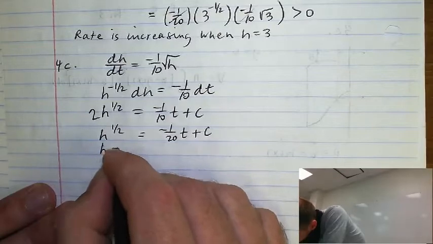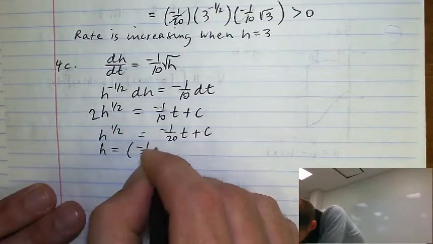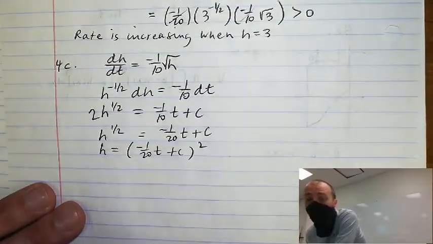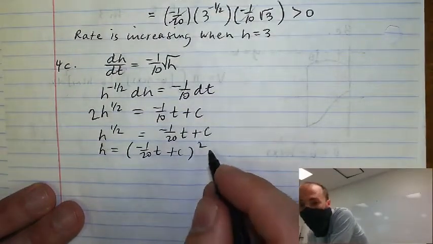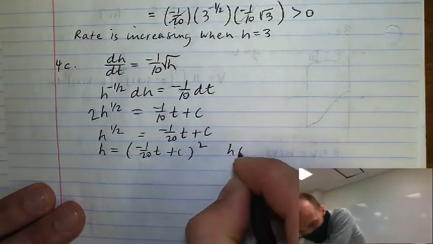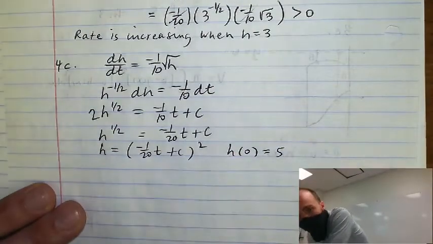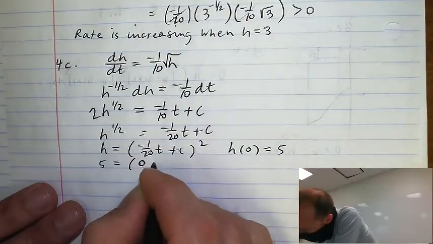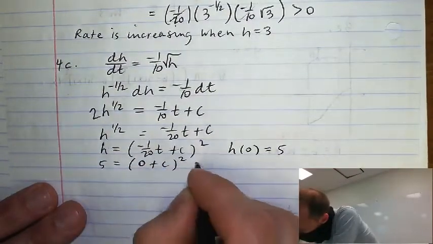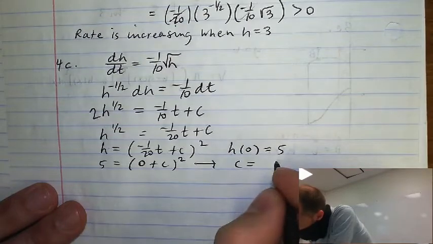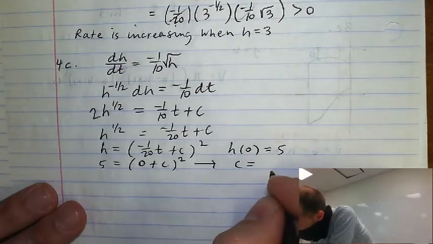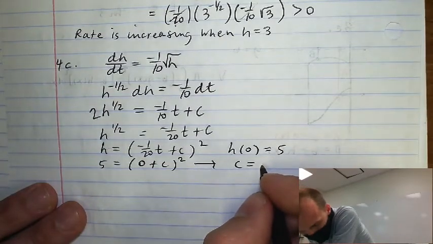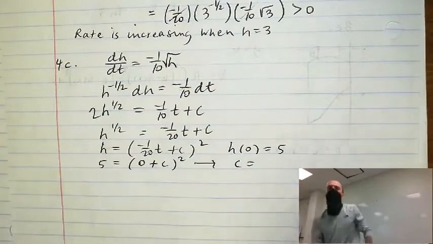square both sides. This is pretty nice as separation of variables goes. Then I'm going to use my initial condition. Say that when time is 0, h is 5. So I've got 5 equals -1/20th of 0 plus c, squared. That's telling me that c is equal to, that's interesting, the square root of 5.